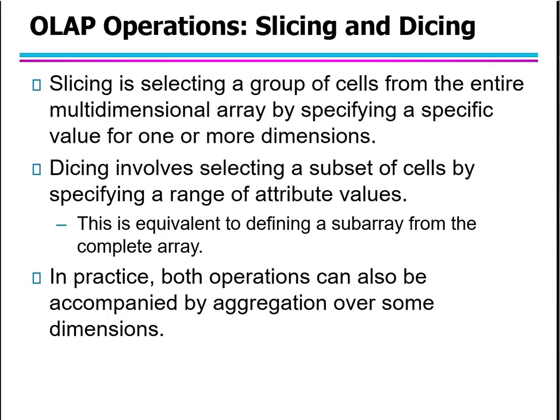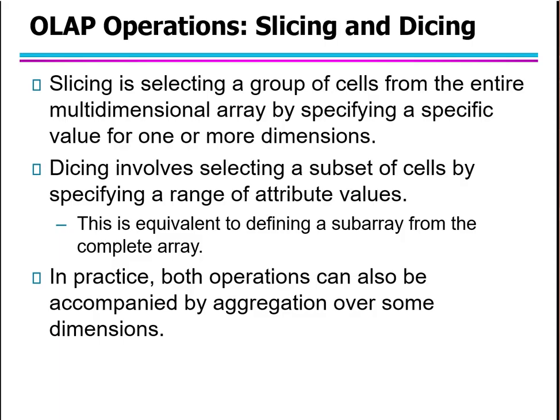Slicing and dicing. Slicing and dicing are operations that allow us to focus on specific parts of the data. Slicing involves selecting a group of cells from the entire multi-dimensional array by specifying a specific value for one or more dimensions.